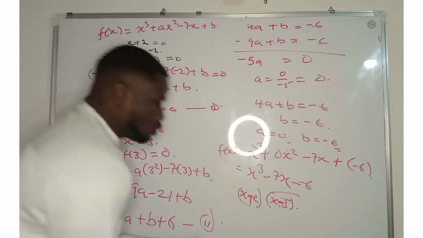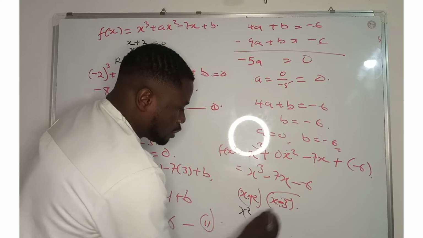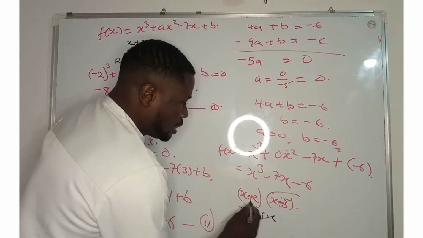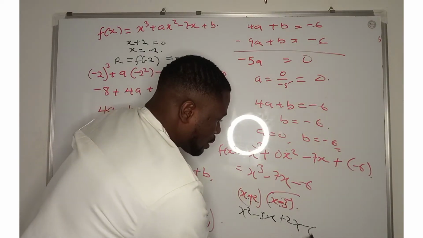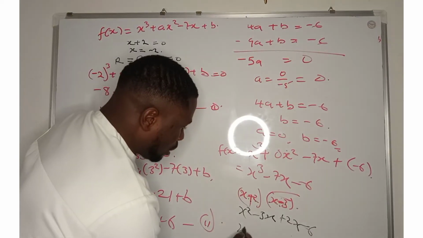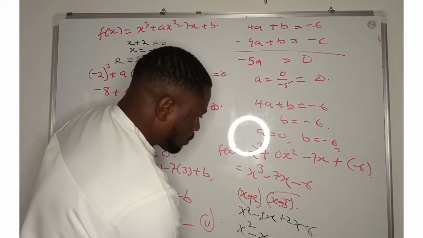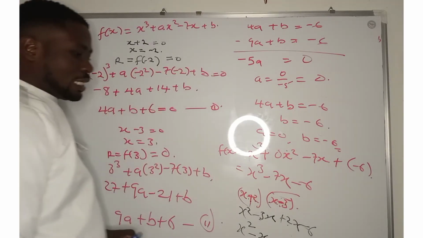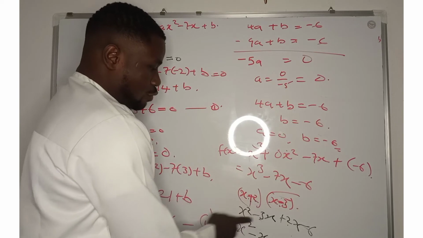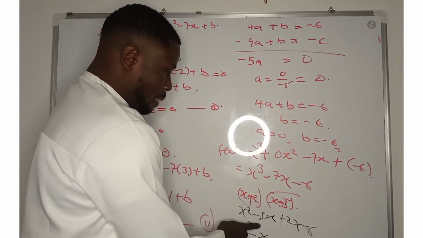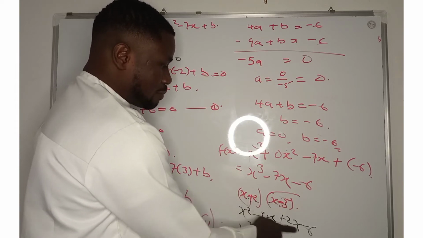So for me to do so, I will simply multiply these two factors. x times x is x squared, x times minus 3 is minus 3x, 2 times x is plus 2x, and 2 times minus 3 is minus 6.